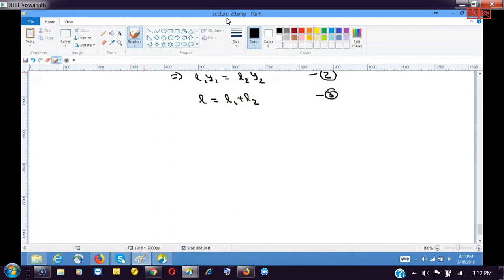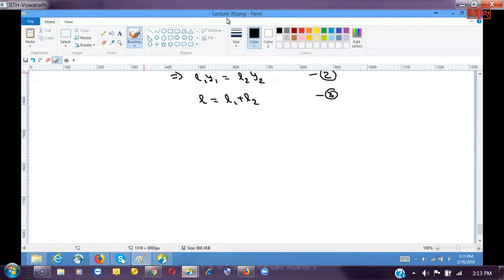The angle is subjected to a static force of 150 kilonewton and the permissible shear stress of the weld is 70 Newton per mm square.